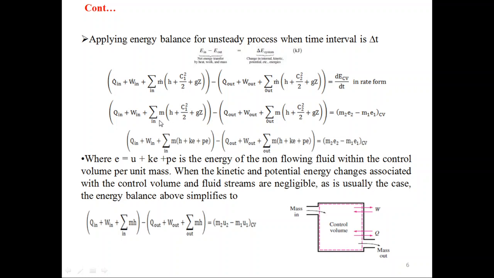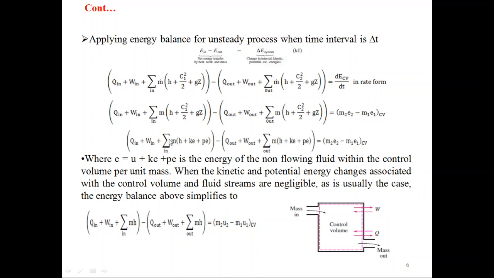If you have two or more fluids, you have to add all the values here. This is for the entry condition, minus the exit condition, is equal to m2 e2, where small e is the energy per unit mass, minus m1 e1, that is the final energy of the system minus the initial energy of the system, meaning the control volume.